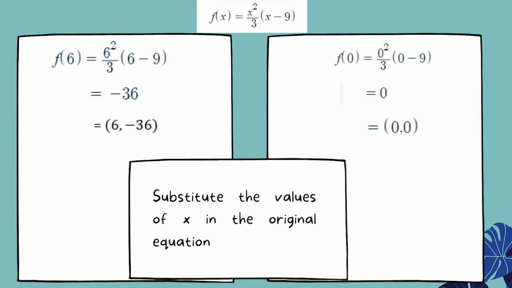After we have received the values of x, we will then substitute them in the original equation. For x equals 6, we will get negative 36. We will then write it in interval form in round brackets. Whereas for x equals 0, we will get the answer 0.